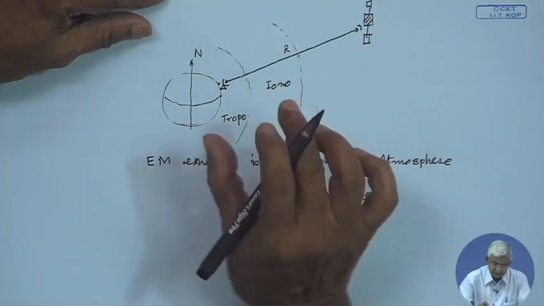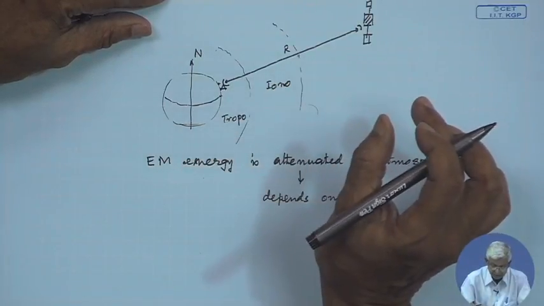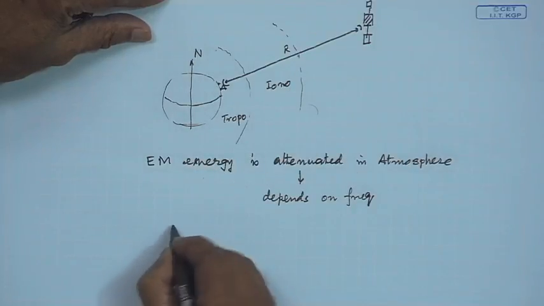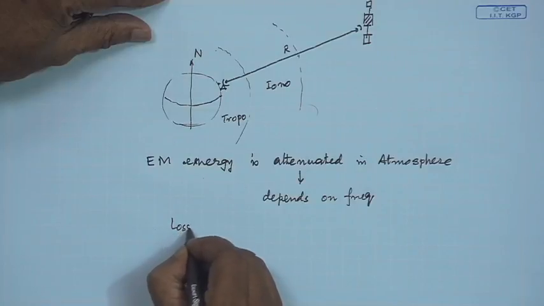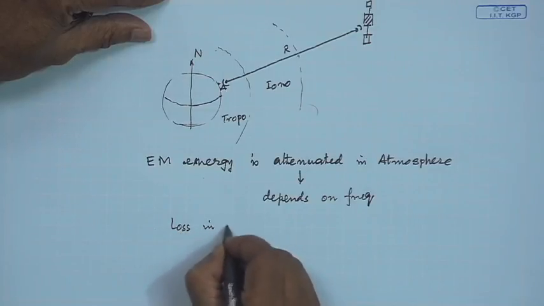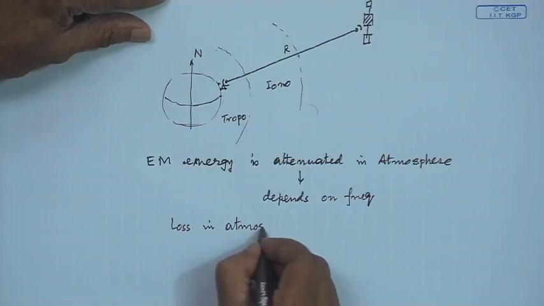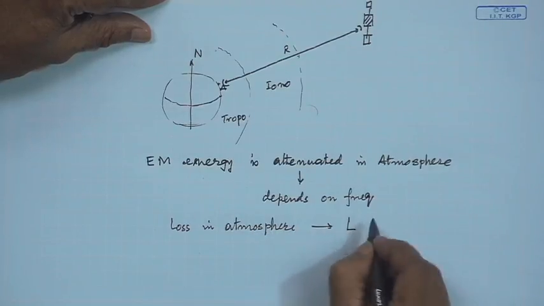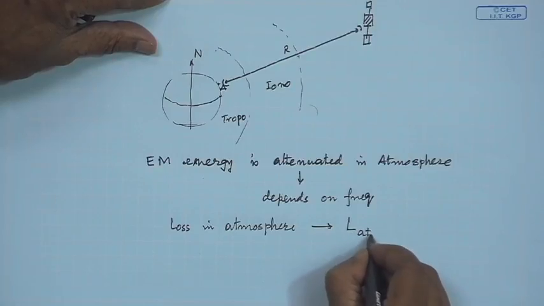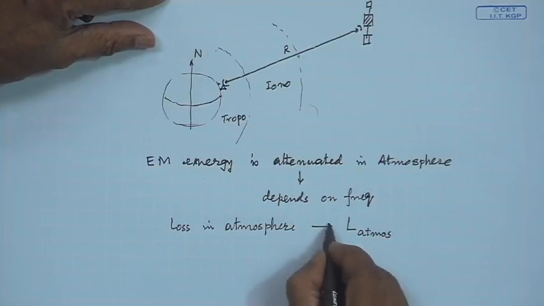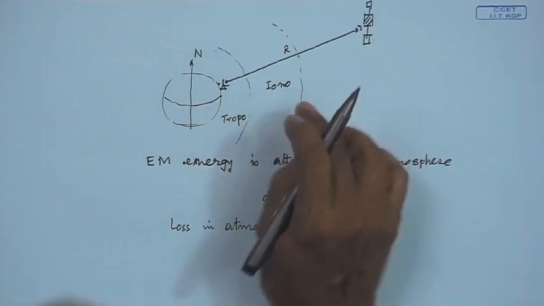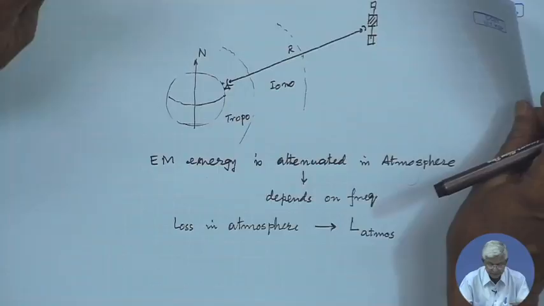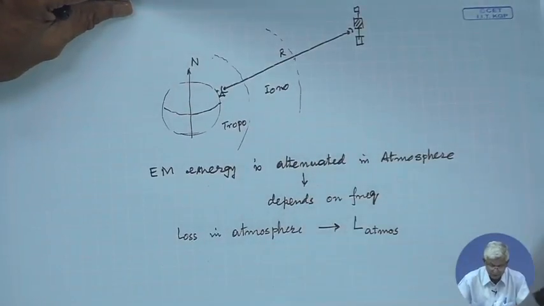Right now, we will just assume that there is certain attenuation which depends on the frequency, and this loss in the atmosphere, we termed as L atmos. That loss will depend on frequency, it may be large, it may be small, those things we will discuss in detail, but there is atmospheric loss.